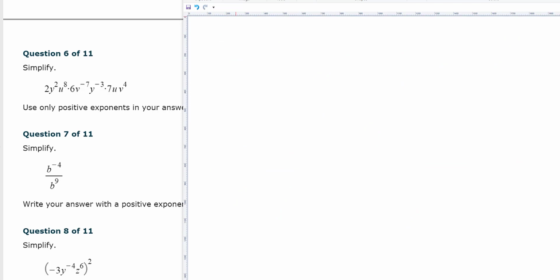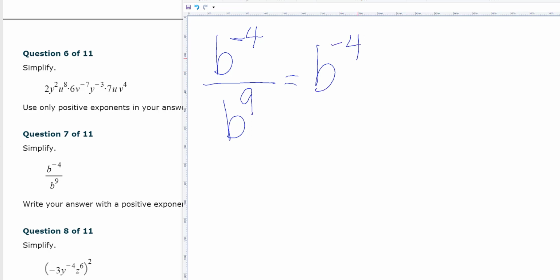Number 7. b to the negative 4 over b to the 9th. Now if you try to do this with subtraction, that's fine, but you've got to be careful. Negative 4 minus 9 is going to be b to the negative 13, which becomes 1 over b to the 13th.